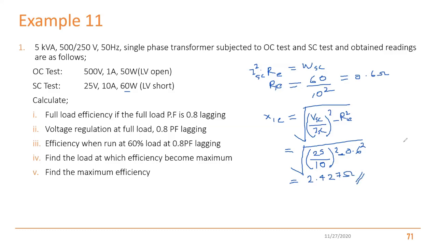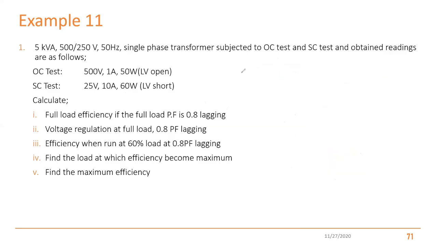So now you know the resistor values, and then you can calculate the efficiencies using these values. From those details, find the full load efficiency. If you remember, the equation for efficiency is V2 I2 or V1 I1. For full load efficiency, this is the kVA value.